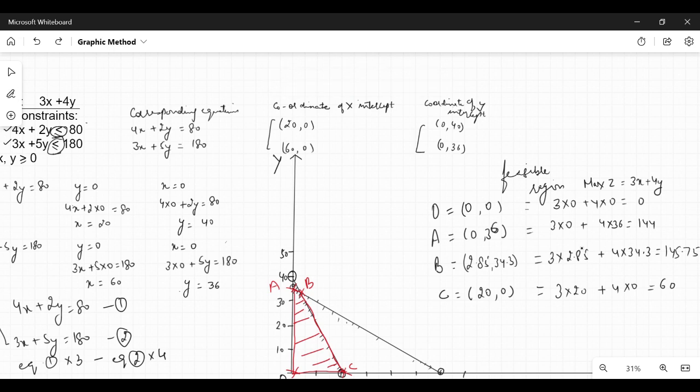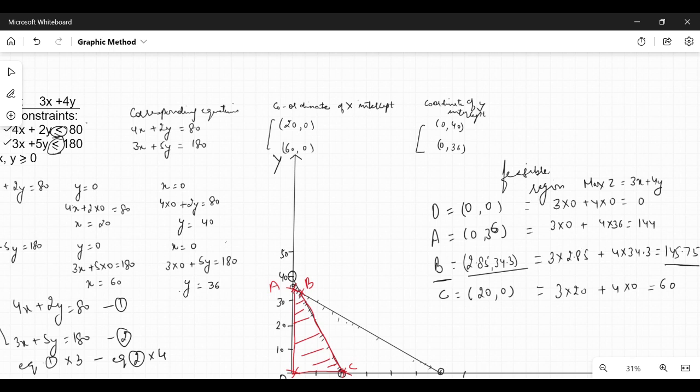Now we have all the 4 values of z using corner values for the feasible region. Since our objective is to maximize z, the value at point B, that is 145.75, is the maximum value out of the 4. And the coordinates here are 2.85 and 34.3.